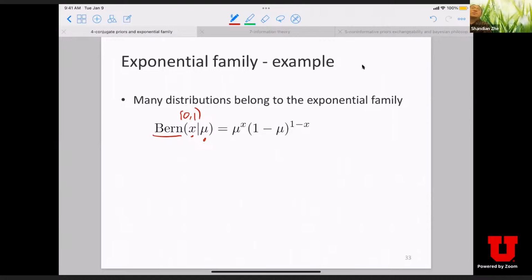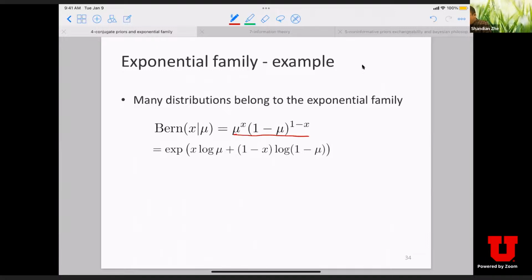Yeah, we try to remember that the exponential family is some exponential form, eta transpose u of x subtracted by the log normalizer, something like that. So let us first try to represent the whole probability in some exponential form. How can we do that? We take a logarithm and take the exponential. That's it.